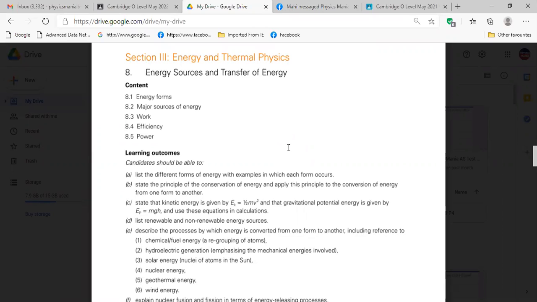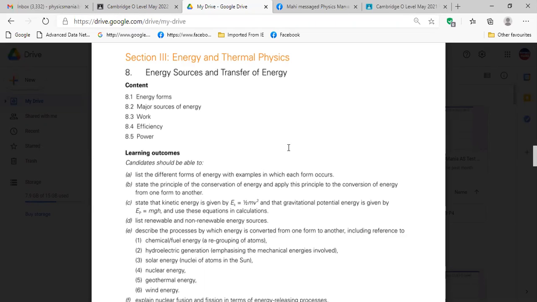Write it. The energy which can be reused again and again are called renewable energy.